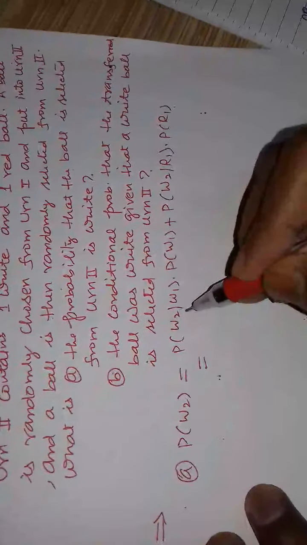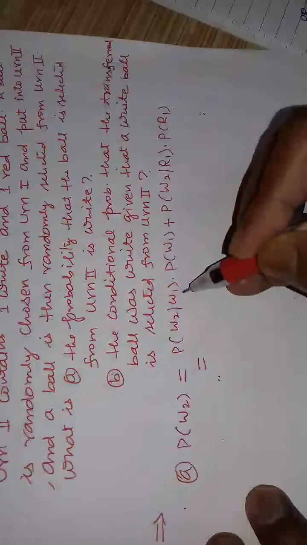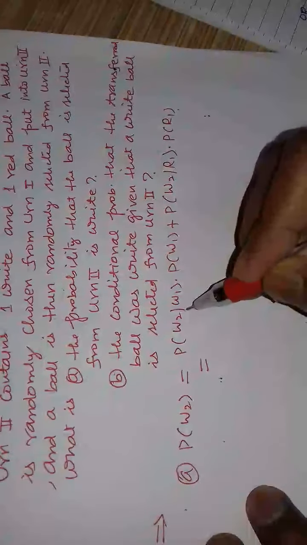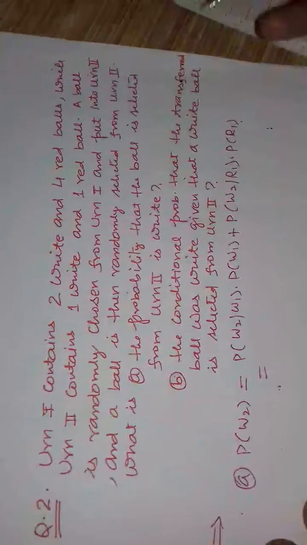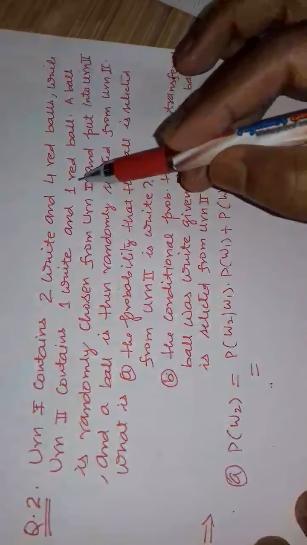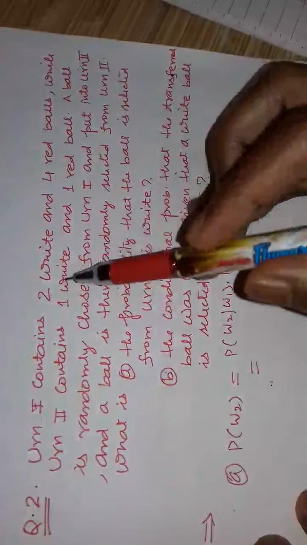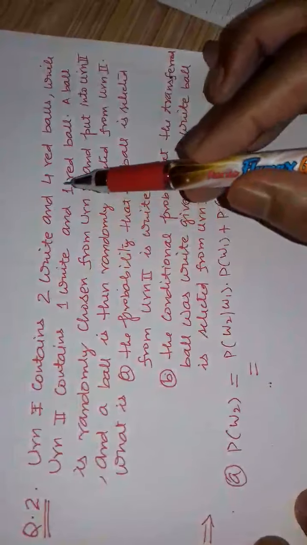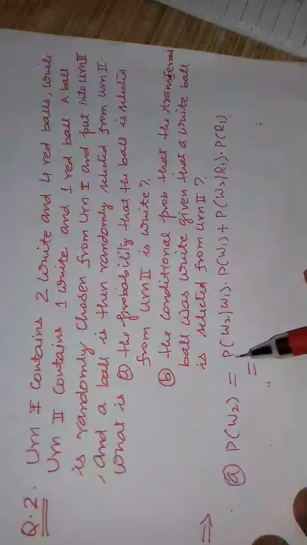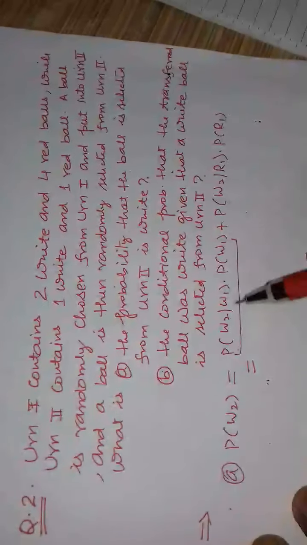So this will be probability of W2 given W1. W2 means second box. Now how many white balls are in the second box? There are 2 boxes. The first box contains 2 and 4, 6 balls, and the second contains 1 and 1, 2 balls. Now one ball has been transferred from urn first to urn second, and it is white. It is clear, there is no case of a red ball, it is white.